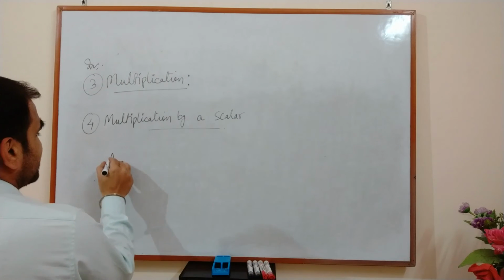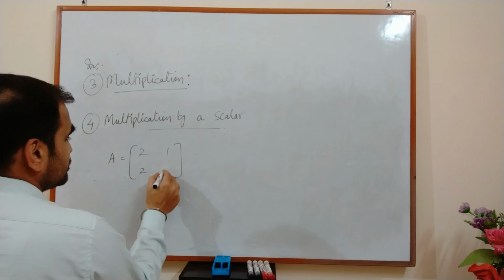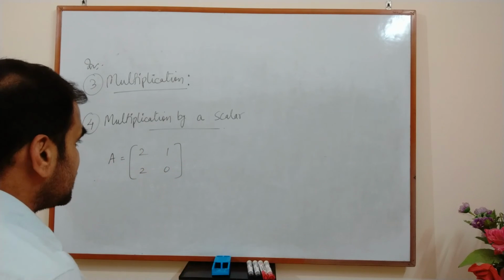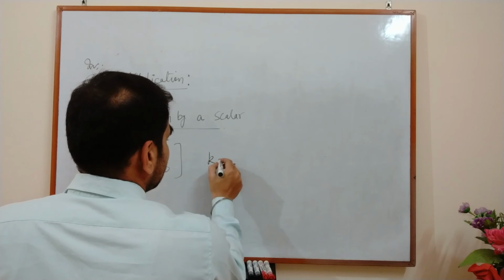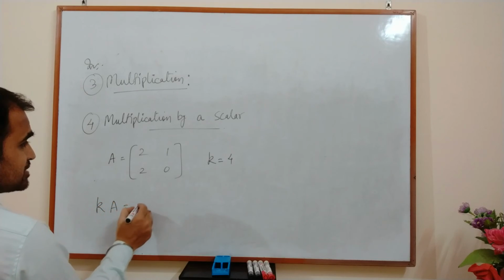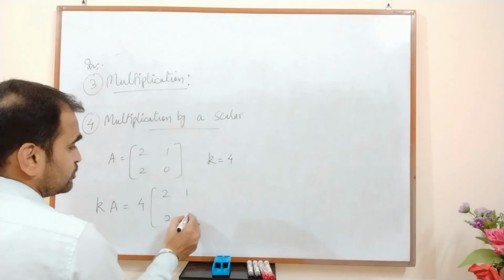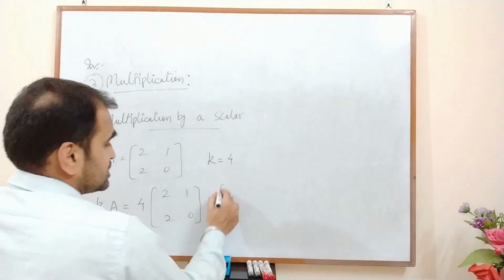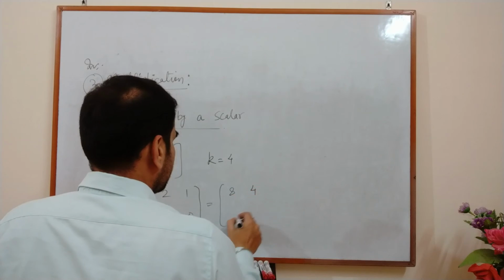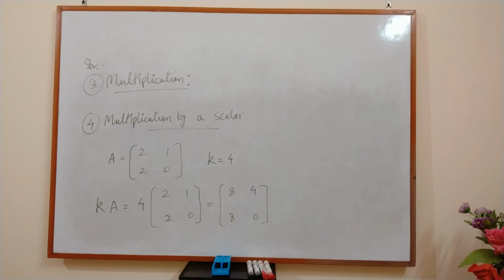Suppose you have a matrix A of order, maybe again we are taking 2 cross 2, this is 0, and there is a scalar number, suppose k is equal to, maybe you can take 4, and if you want to multiply the scalar number with this matrix, so this is 4 multiplied by 2, 1, 2, 0. So what you have to do is simply multiply all numbers with 4. So 4 2 ja 8, 4 1 ja 4, 4 2 ja 8, and 4 0 ja 0. So this is the scalar multiplication.